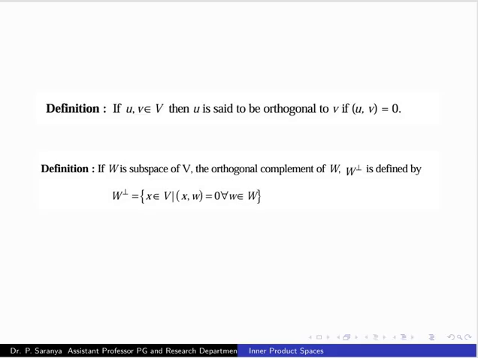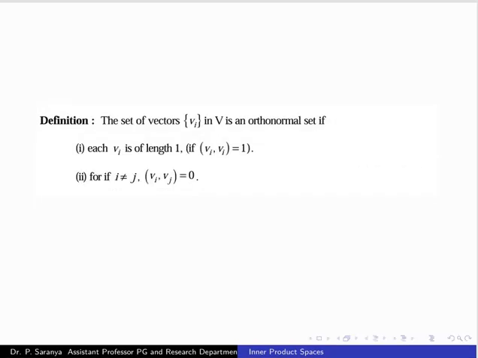If W is a subspace of V, the orthogonal complement of W, W orthogonal complement, is defined by W orthogonal complement equal to the set of x belongs to capital V such that inner product of x comma w equal to 0 for all w belongs to capital W. The set of vectors Vi in capital V is an orthonormal set if each Vi is of length 1, that is, if inner product of Vi comma Vi equal to 1, and for i not equal to j, inner product of Vi comma Vj is equal to 0.